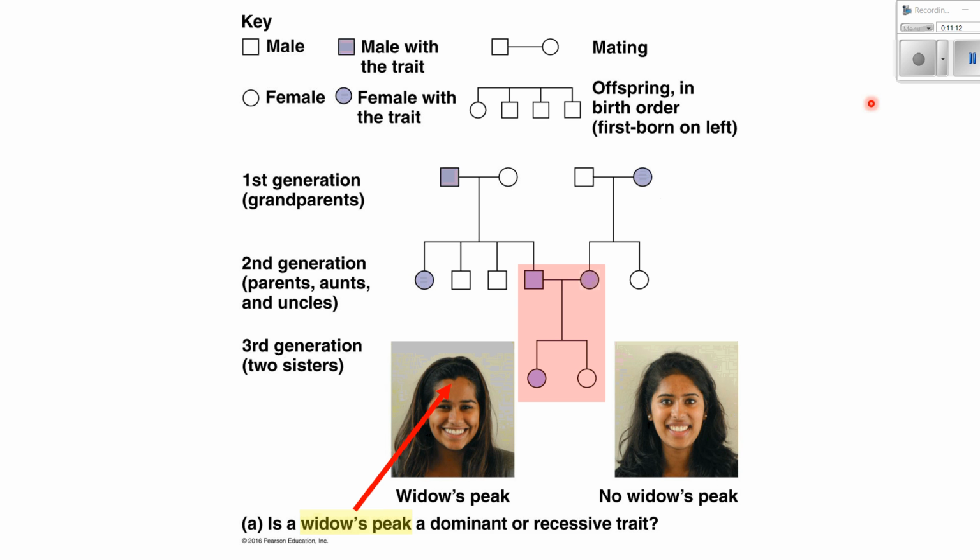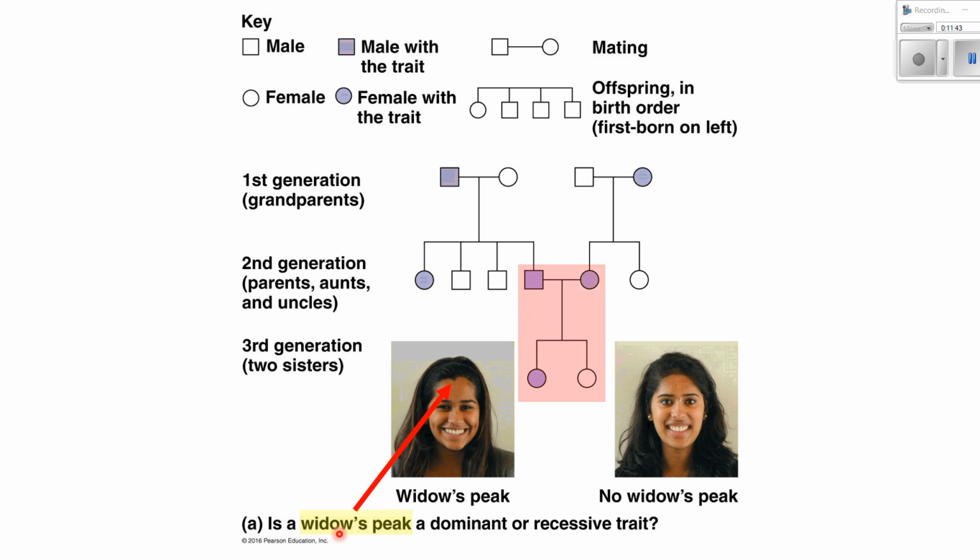Okay, let's look at a couple of examples from the textbook. Here we have once again three generations in a family, and the trait that we are tracking, the trait that this father has, this mother has, this daughter, son, daughter, daughter, the ones that are shaded in, is a human trait called widow's peak.